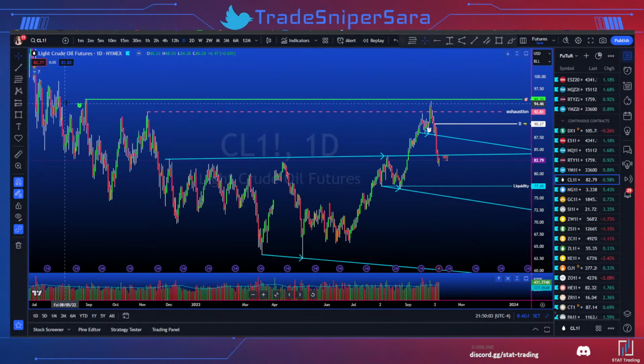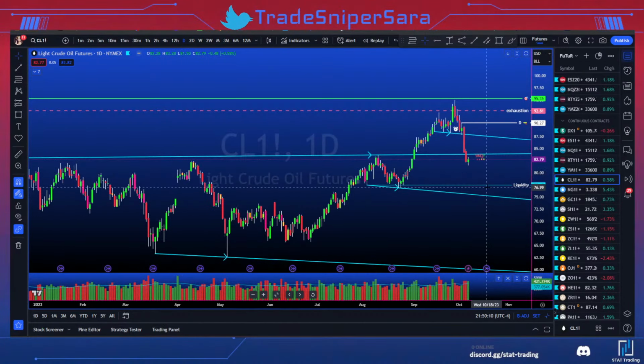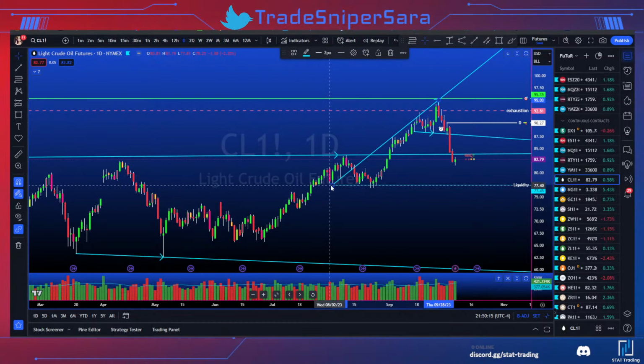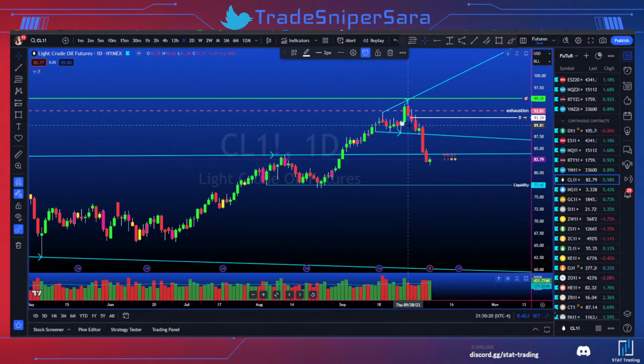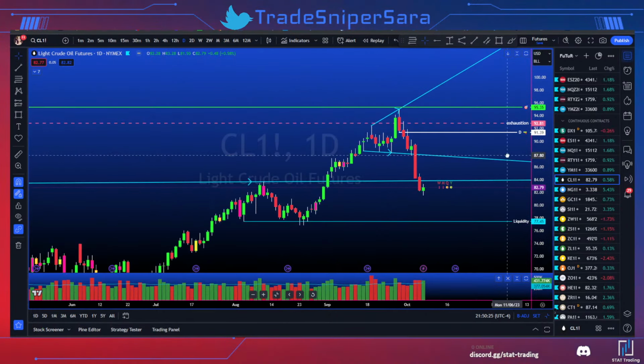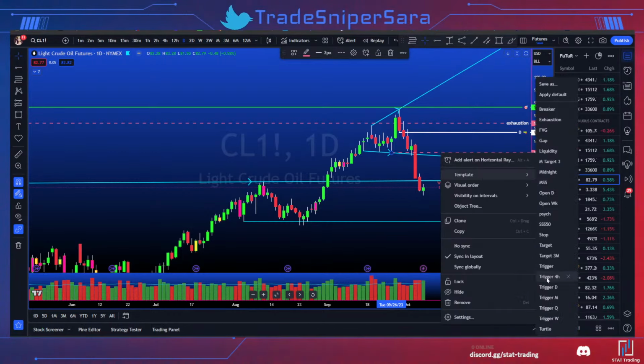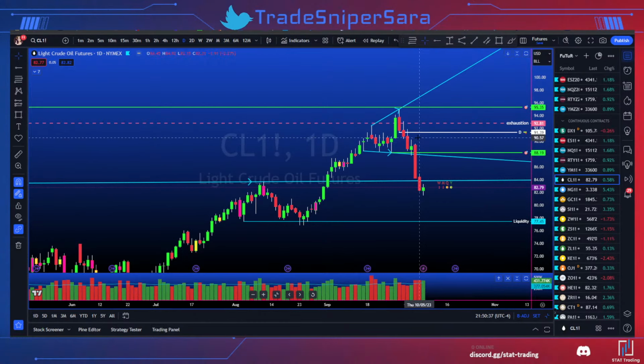It would have been much cooler if they would have taken out that one as well before poop in the bed, but they did not. They took out that pink dashed exhaustion line. Gotta delete that alert. And then that's where the 2 up, 2 down reversal happened. And knowing what we know, that was our target 1, being the bottom of the Browning formation. And then it just kept puking.